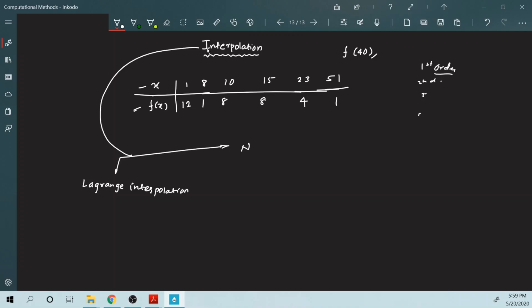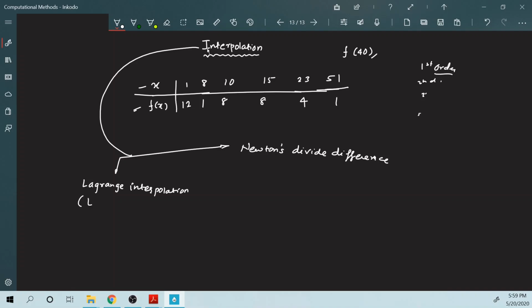And the next is Newton's divided difference method. So to find out interpolation of a given data, you have two methods. First is Lagrange interpolation, then the next is Newton's divided difference. Both are very interesting methods. We are going to see them one by one.